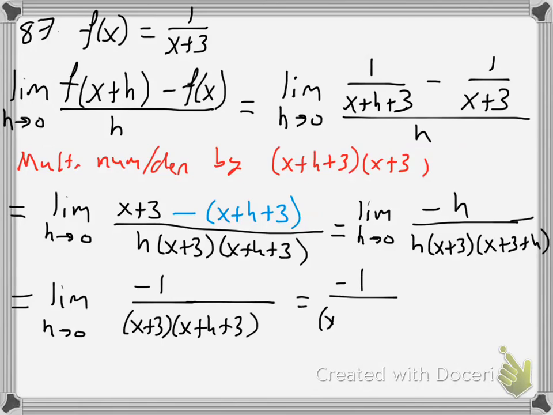Now we can directly substitute the 0 in for the h, because we're not worried about dividing by 0. And we get negative 1 over x plus 3 quantity squared. I'll be doing a bunch of this stuff in Chapter 2 also.